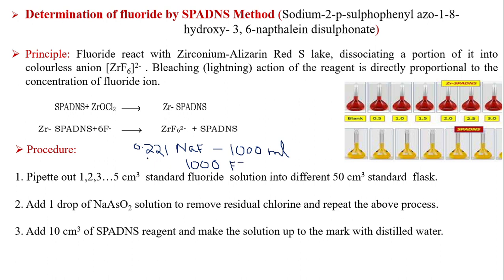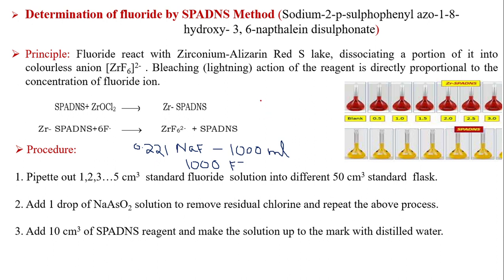So I'll repeat, 0.221 gram of sodium fluoride is dissolved in 1000 ml of distilled water or millipore water to give a 1000 ppm fluoride solution. This is called the original stock. From this, further dilutions are done. How the further dilutions are done: a known volume of this is taken.